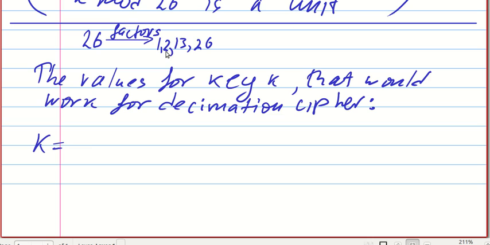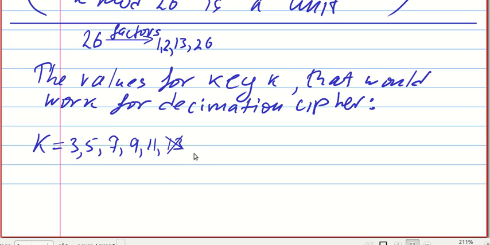We cannot use 2 because 2 is divisible by 2, so 2 we should skip. No even numbers should be here, because all even numbers are divisible by 2. So 3, 5, 7, 9, 11, 13, but 13 is divisible by 13, and therefore the greatest common divisor of 26 and 13 will be 13, not 1.